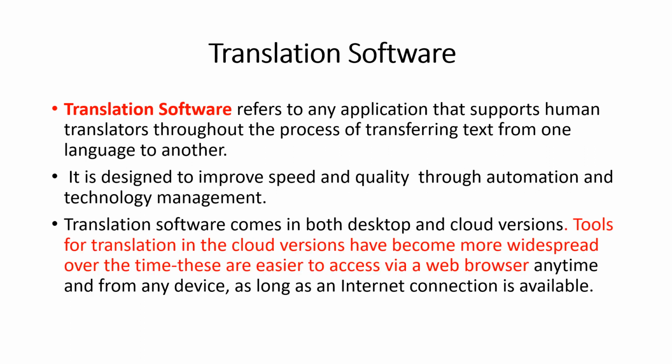Translation software is available both in desktop and cloud versions. Tools for translation in the cloud versions have become more widespread over the time. These are easier to access through a web browser anytime from any device if internet connection is available.